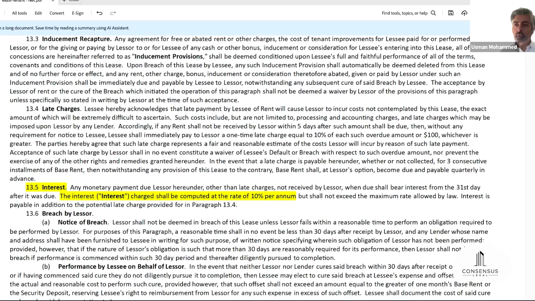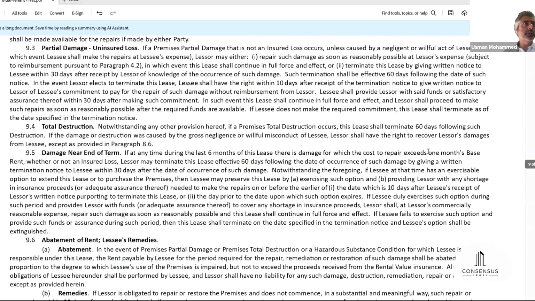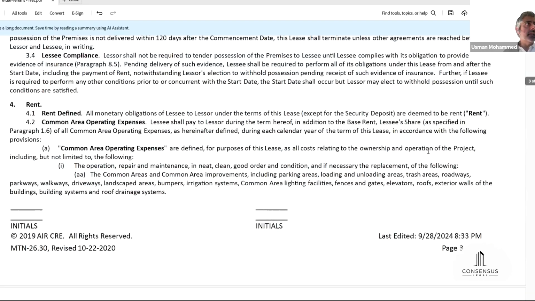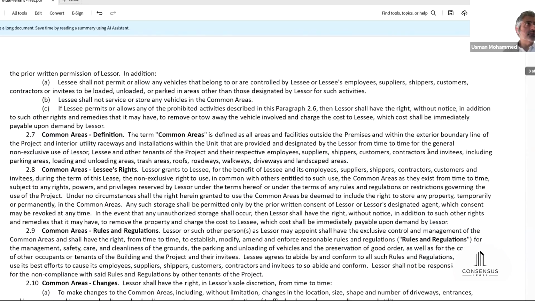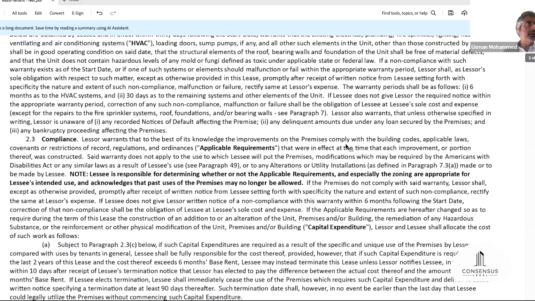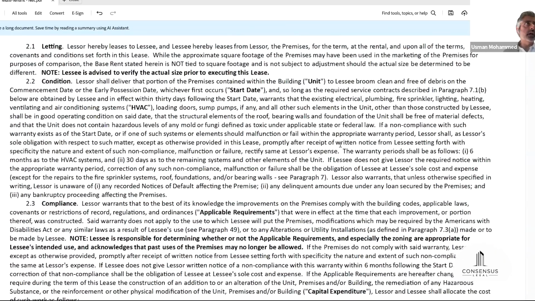Matt asks, is there a warranty period for new tenants within which lessee's maintenance would fall to lessor? Great question, Matt. And the answer is yes. There is a warranty period for items within the premises that fail. And that is the subject of another webinar I've done in the past on paragraph 2.2 of the AIR CRE lease.